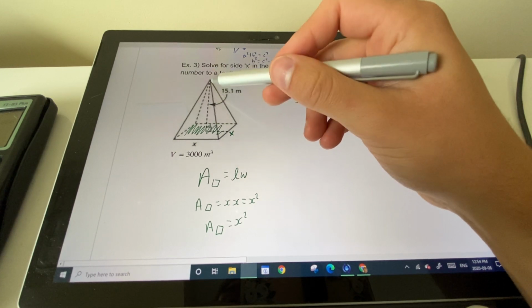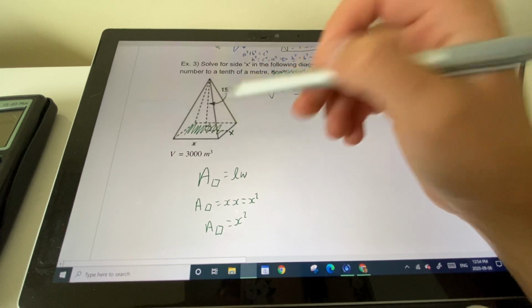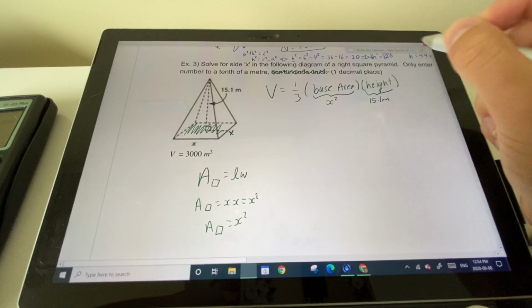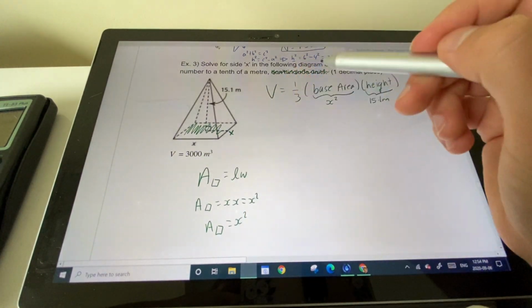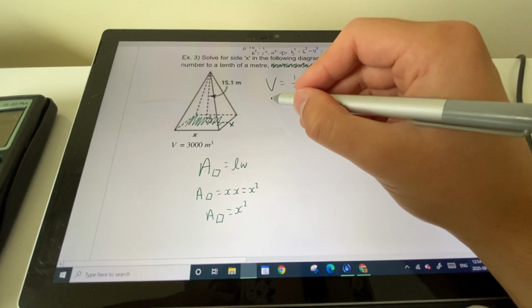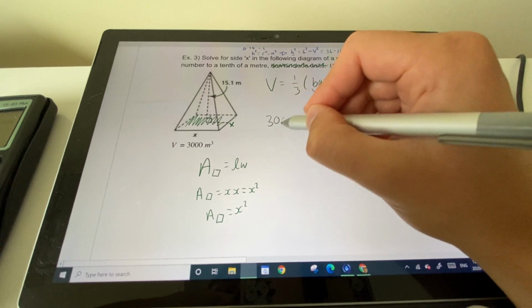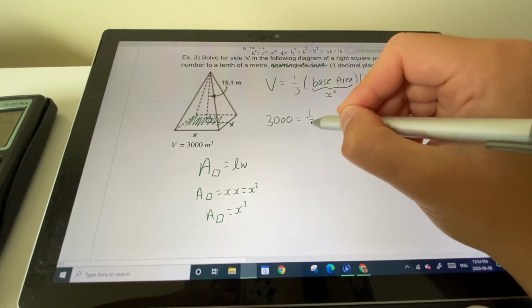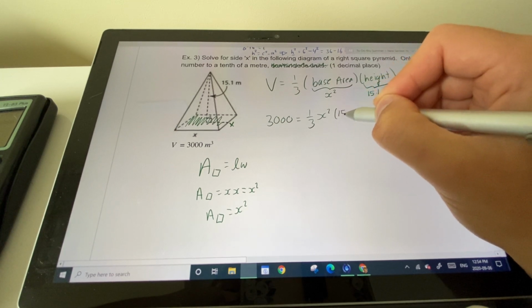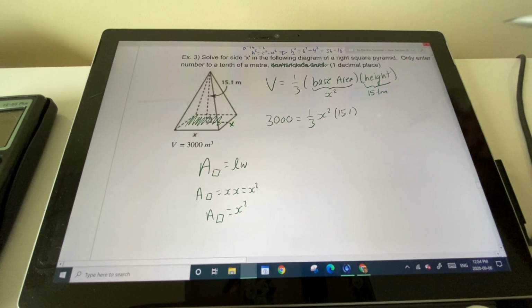We need the actual height, and this will be 15.1 meters. And we're given volume, so V equals 3,000 meters cubed. So we can plug all these in. 3,000 equals 1/3 x squared times 15.1. And look at that.